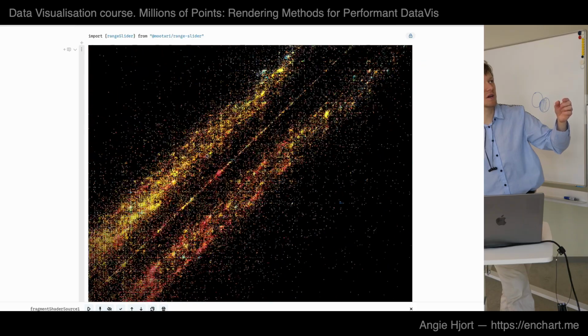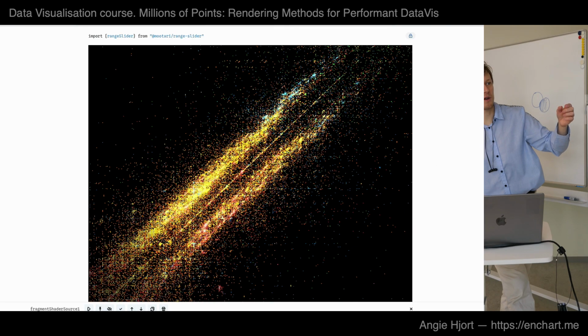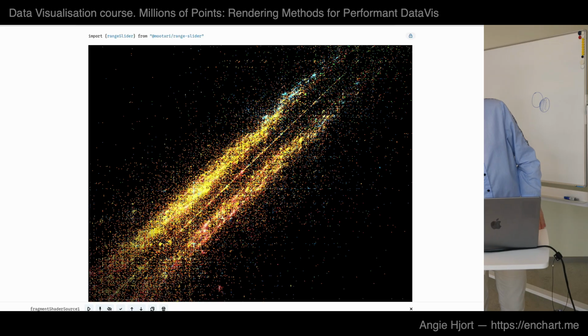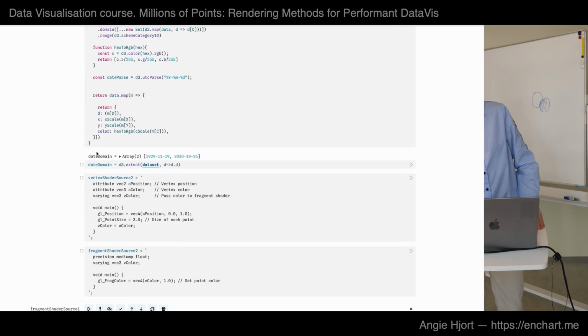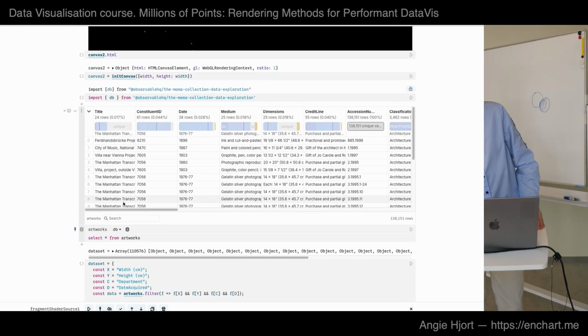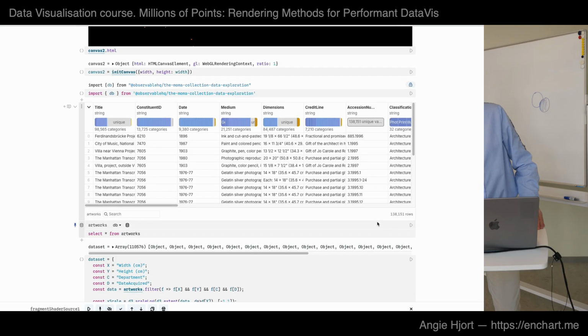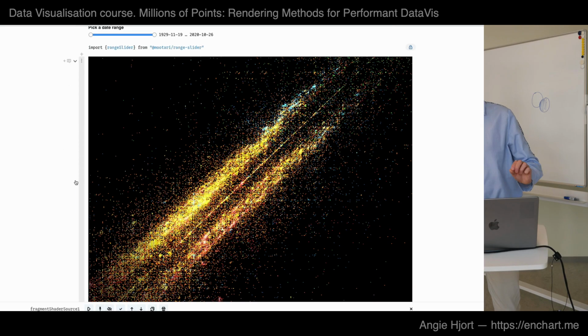Here is about, I don't remember how many, about 138,000 paintings in the Museum of Modern Art in New York.